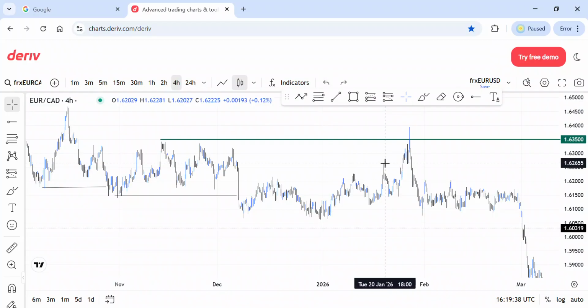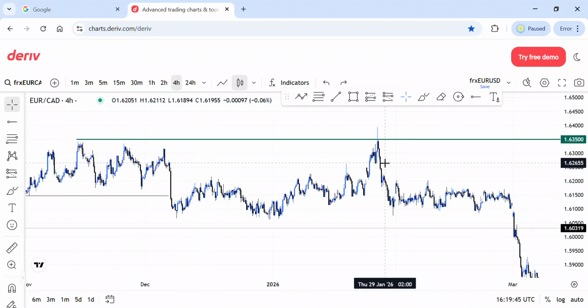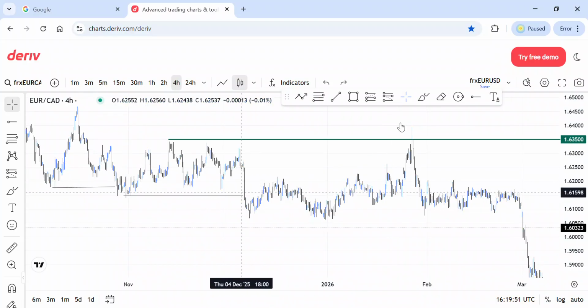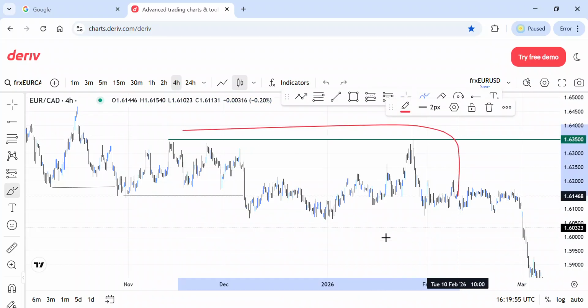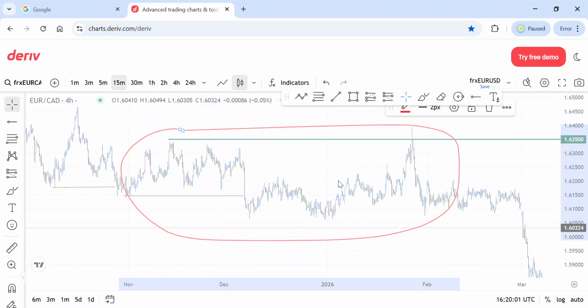So definitely on your confirmation time frame, which is the 15-minute time frame, you'll be looking for an opportunity to sell the what? Sell the price or sell the market. So we should be focusing on this side. So let's go to the 15-minute time frame for our confirmation entry for the sale.